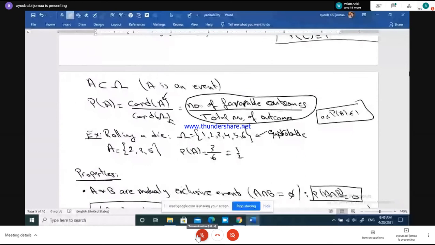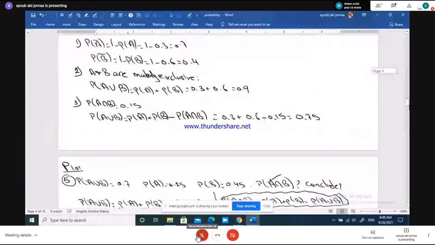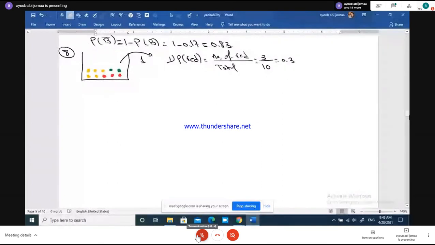So here the probability of selecting a red marble will be the number of red, 3, over the total 10. You got the point? Is it clear for all of you?